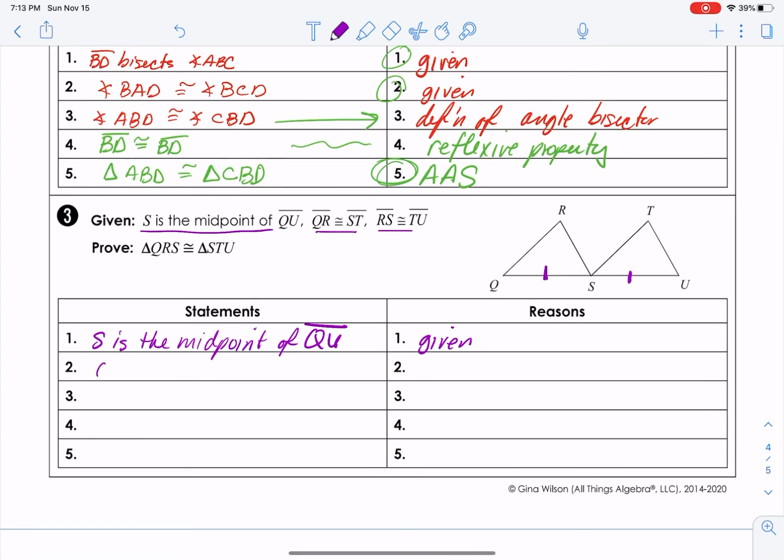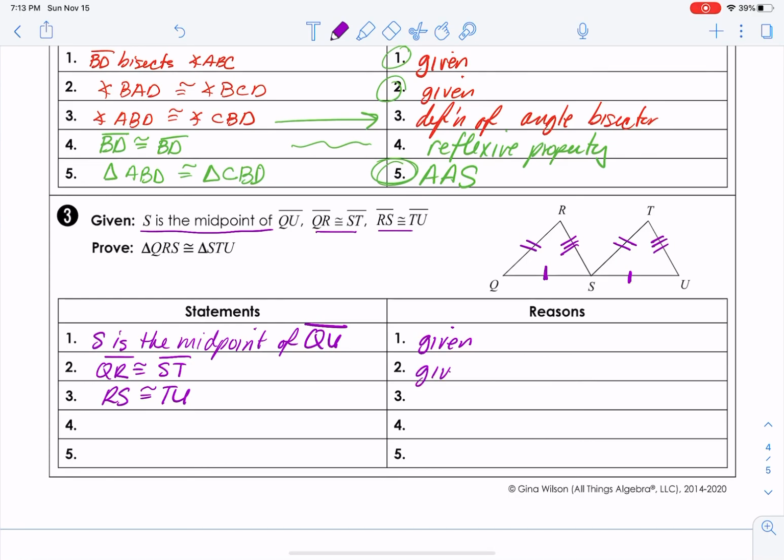And then I know that QR is congruent to ST. And I knew that RS is congruent to TU.